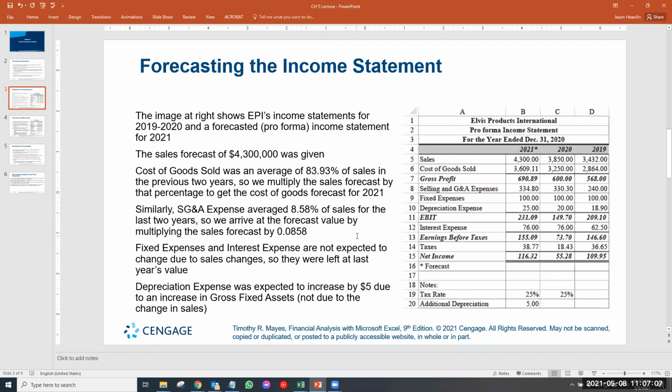Now, in this example, they talk about that there were some increases in fixed assets, they give you that piece of information, but it's not due to changes in sales. It was just a decision based on different considerations, but it doesn't have to change, and that's the point. Items like depreciation do not change because of sales; it changes because of fixed assets.